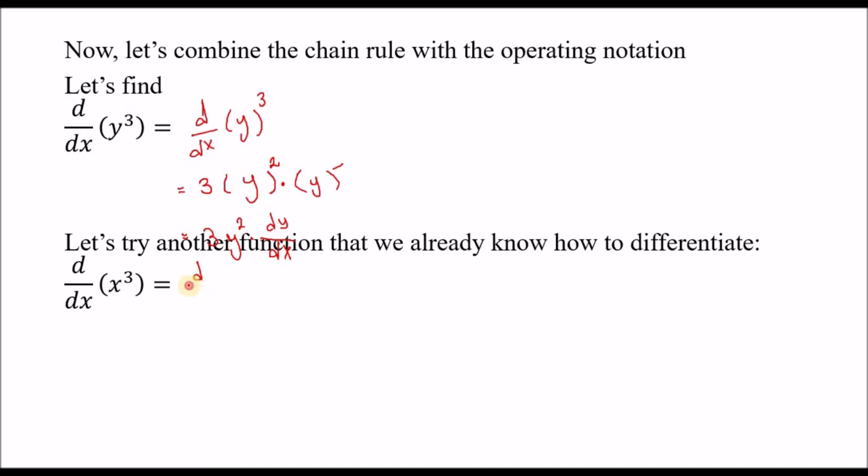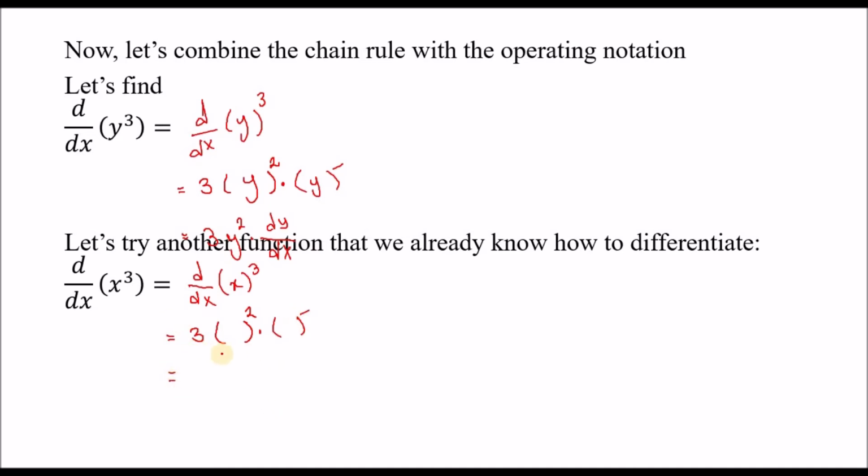So I'm going to rewrite it as d over dx of whatever inside the parentheses raised to the third power. Now I'm going to deal with this amount as a parenthesis, so I'm going to use the chain rule to differentiate that. To differentiate that, I'm going to say this is equal to 3 times whatever inside the parentheses is, and then 3 minus 1 is 2, times the derivative of what's inside the parentheses.